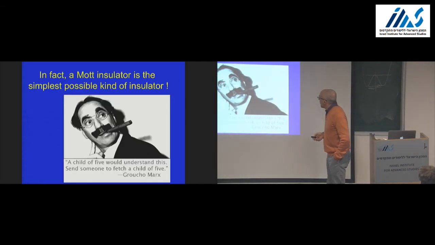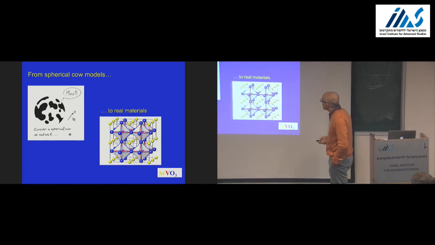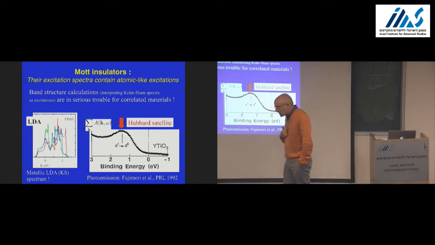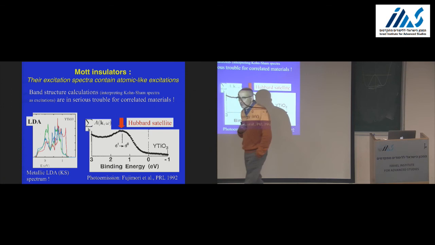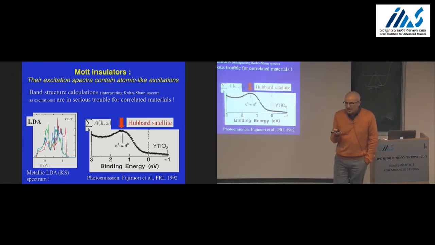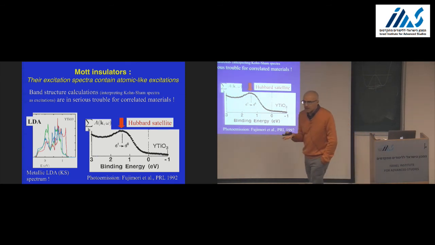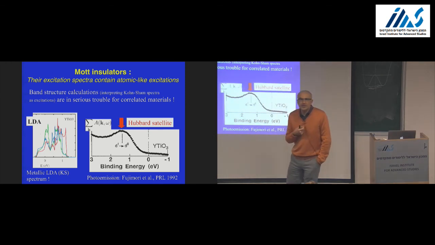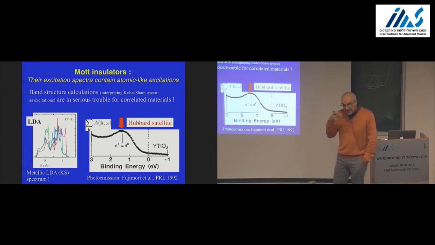Okay, so let me skip some of these things and perhaps go directly into the crux of the matter. One thing I want to emphasize is that if you look at the photoemission spectrum of Mott insulators, you see features that are very simple to understand in terms of excitation of a spectroscopy of individual atoms, and that are very difficult to understand in terms of band structure.